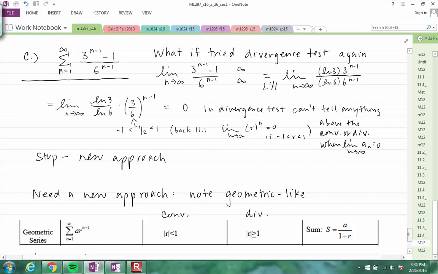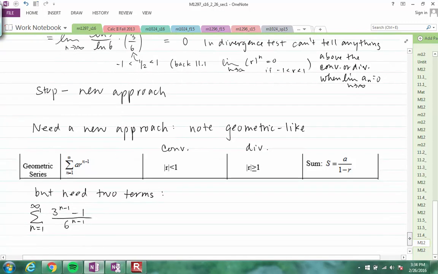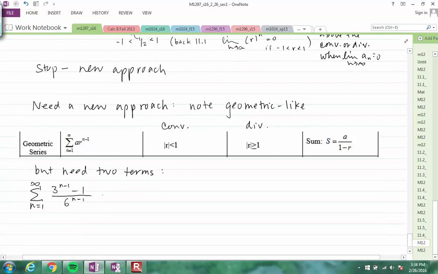We had one similar to this, where we had multiple things to the power of n and then tried to put them together. A similar thing here, but this one ends up being two terms.